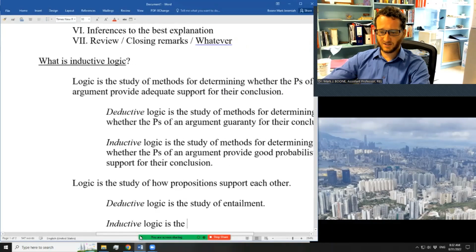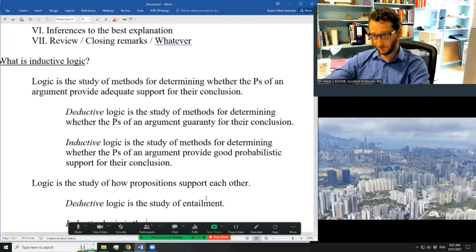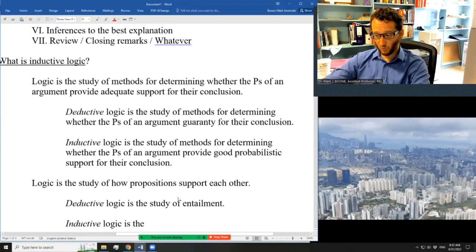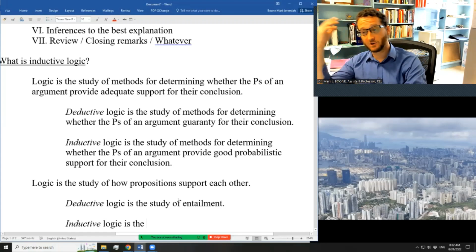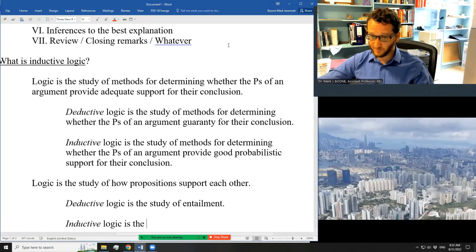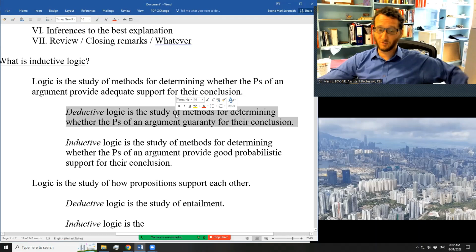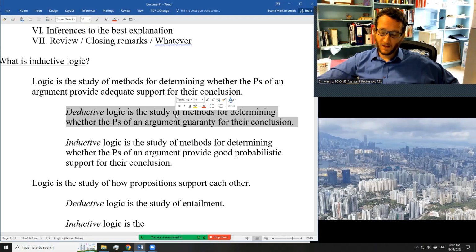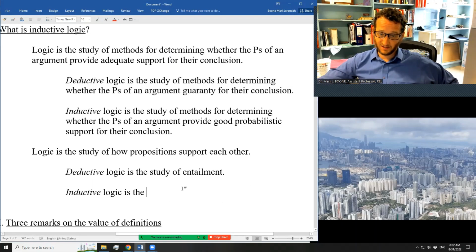Deductive logic is the study of one particular type of support, where one proposition by itself or conjointly with other propositions entails another. Deductive logic as a study of that includes, but is not limited to, the study of methods for determining whether those premises guarantee their conclusion. And inductive logic is then the study of a different kind of support, probabilistic support.